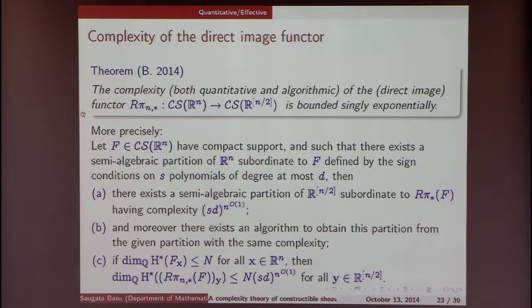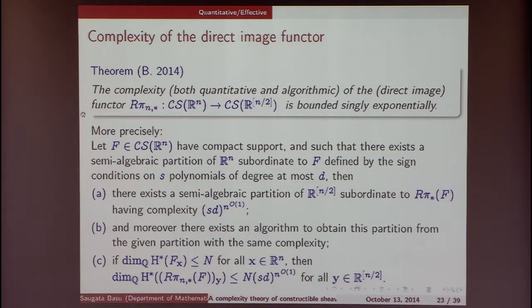Maybe a question: how is the input sheaf given? We are not given the partition and then on each piece of the partition? No, the algorithmic statement is not about the input sheaf. You are given only the partition to which the sheaf is subordinate.